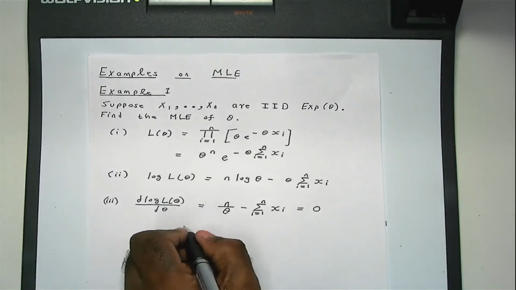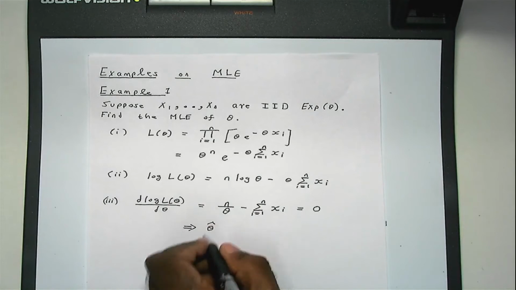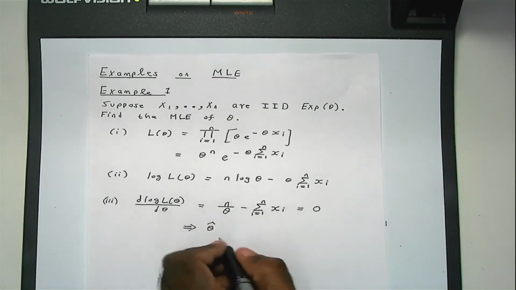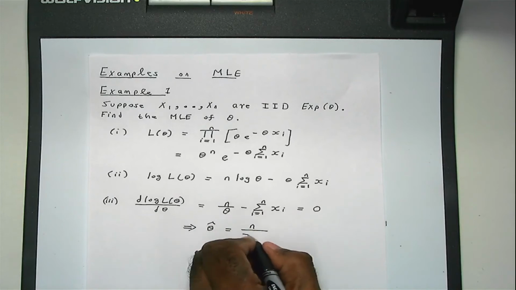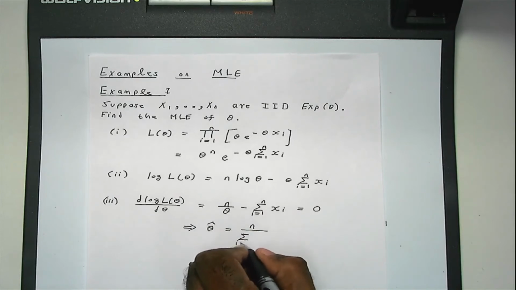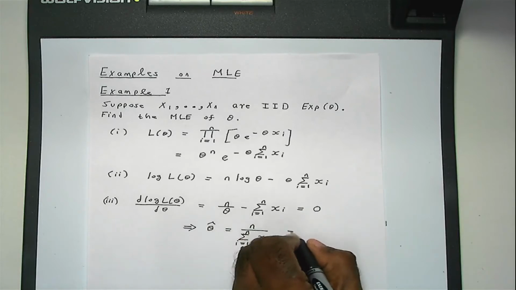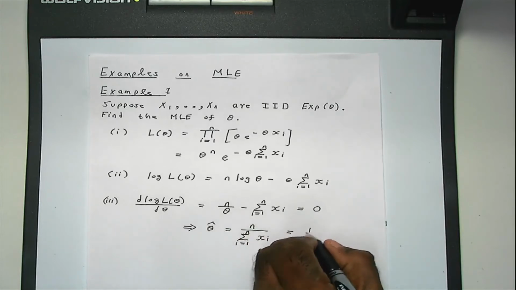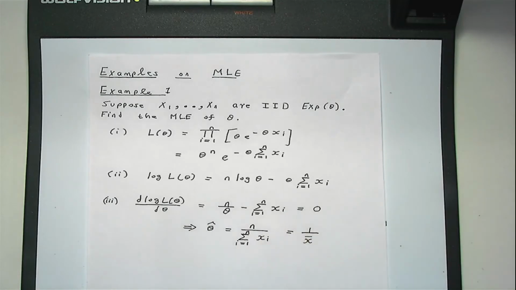So this implies that, let me call it theta hat, the solution of this equation. So theta hat is equal to n divided by the sum of xi, which is the same as saying 1 divided by x bar, the sample mean. Okay, so this is the solution of this equation.